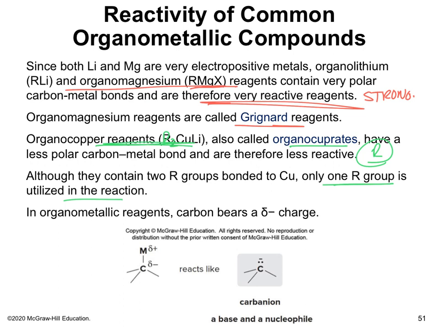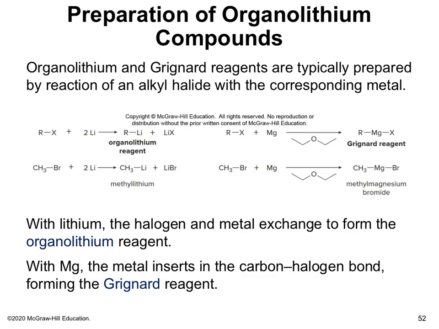And these all react like a negative carbon, which is a nucleophilic carbon, which is a big deal, and that's a carbon anion. This is how you prepare them. You basically just do like an SN2 reaction.